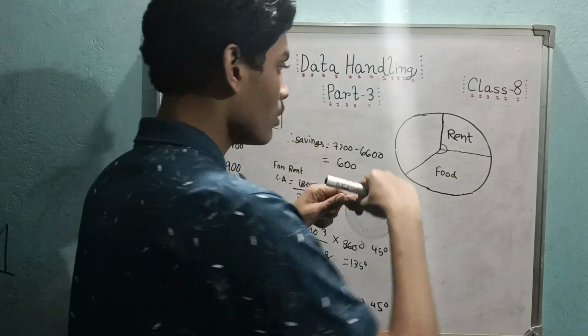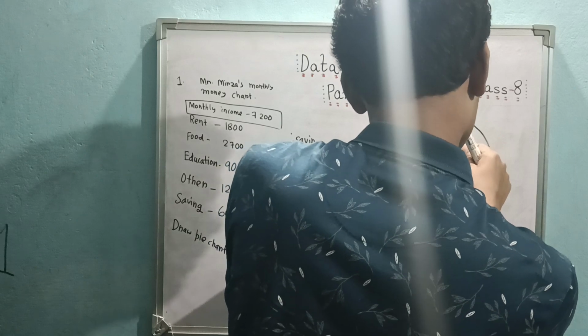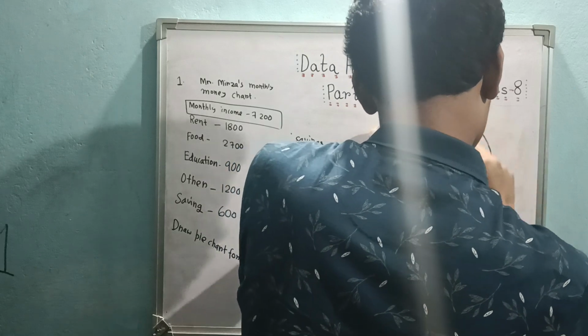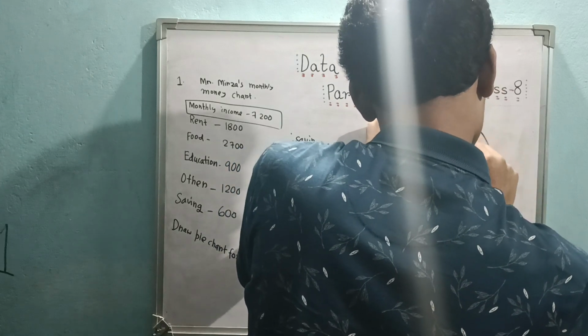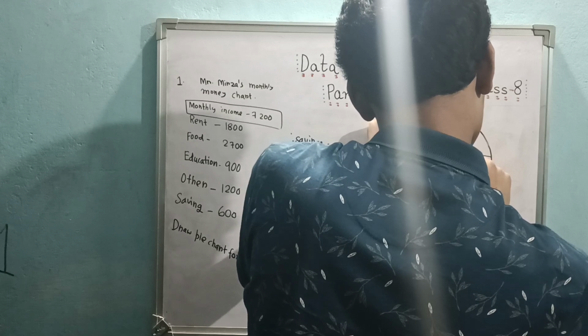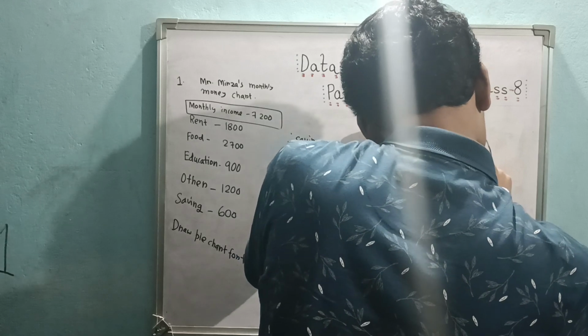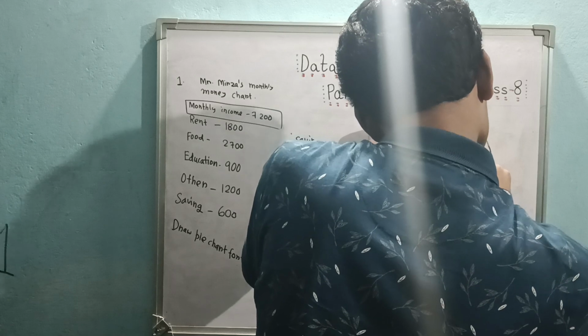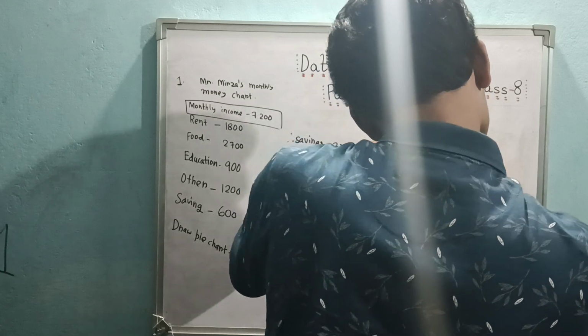Now what I need to do, again I place the protractor like this. Wait, like this. I think like this only. Place it like this.